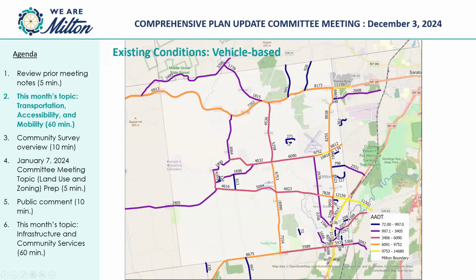So another way to think about this is sort of the town's main vehicle arteries. The town's road network, most of these are not town roads. Out here, the town owns portions of Rowland and Geyser.